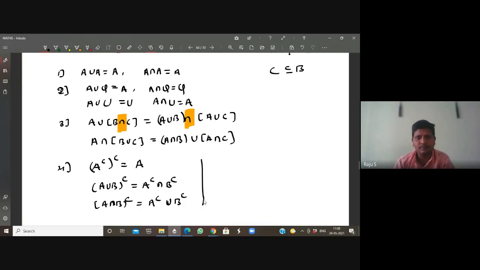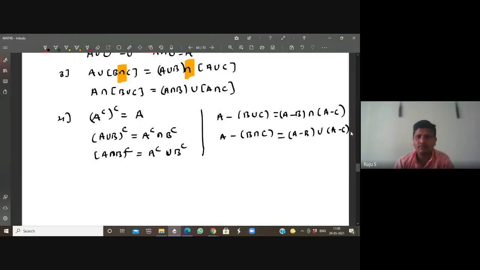And can anyone tell me what is A minus (B union C)? It is (A minus B) intersection (A minus C). Union becomes intersection. Then A minus (B intersection C) is (A minus B) union (A minus C). Clear?